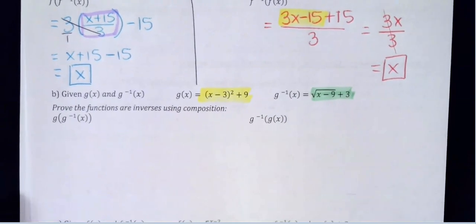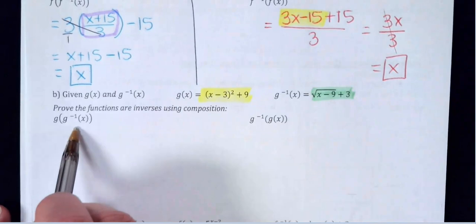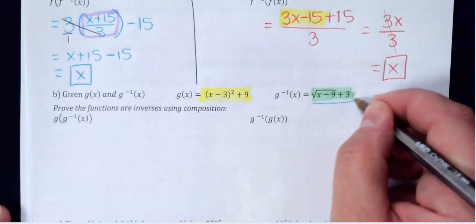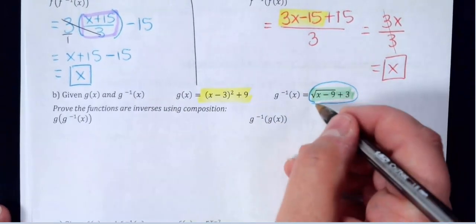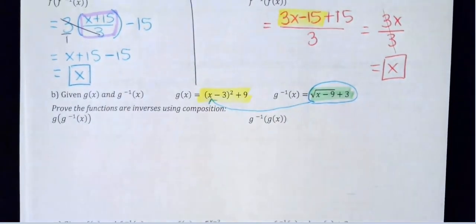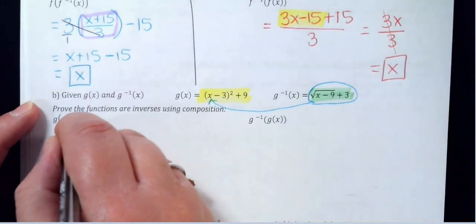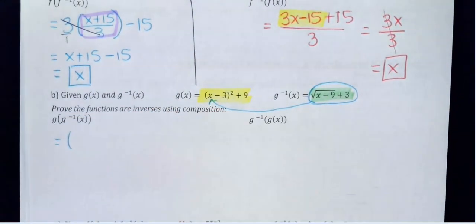Okay, so to start this, I'm going to do the function with the inverse plugged in. So we're going to take this whole expression here, and this is going to look really complicated, but I'm going to plug that whole thing in for x in the original function. So the original function, I start off with parentheses, and then it has the x.